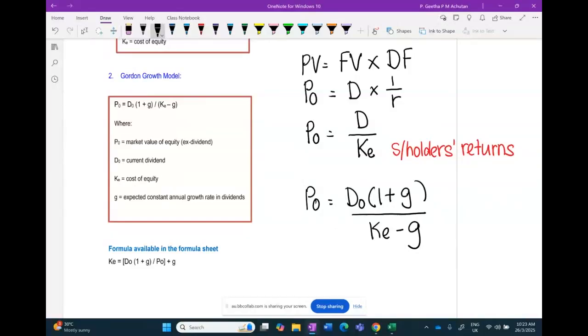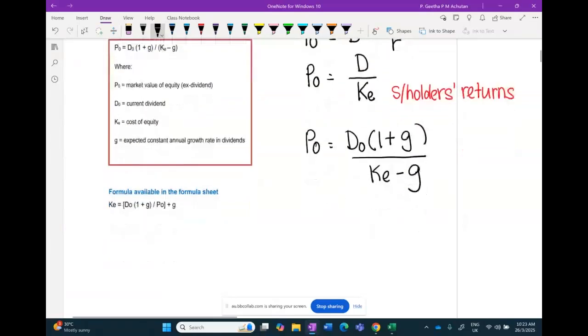The PO is your share price. Dividends, DO, why call it DO? Because it's this year's dividend. I'm paying you 50 cents this year. Next year, it will grow by 2%. And it will grow by 2% forever. So it's perpetuity again.